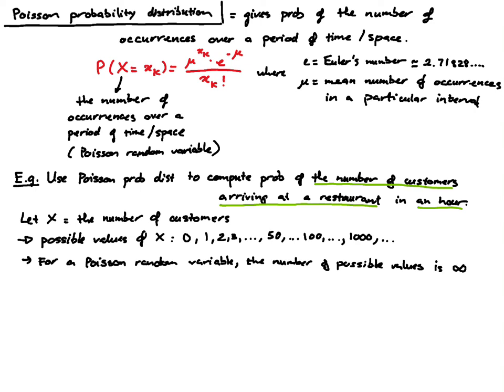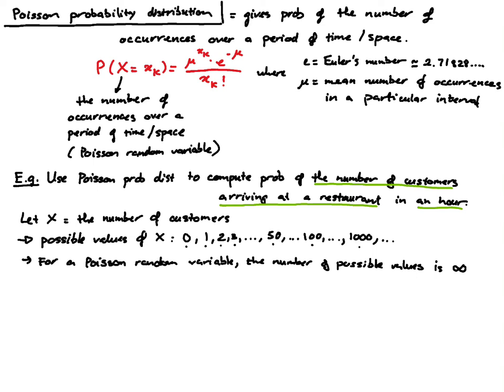So you can have a lot of possible values. For example, here I listed 1, 2, 3, 4, 5, 6, 7. I listed 7 possible values, but in fact the number of possible values can be extremely large.